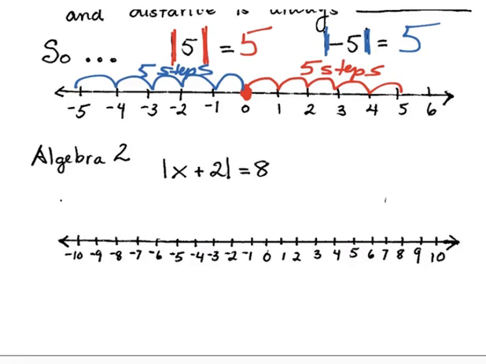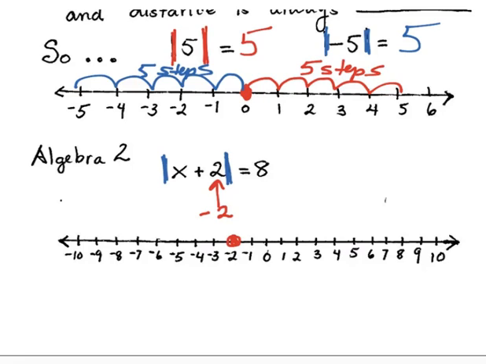Now let's go to Algebra 2. What did we decide about things inside of a function? We decided inside the function, it's the opposite. So where are we going to start? We're going to start at negative 2.